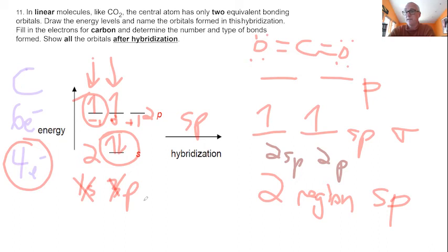You see where the difference is? I've taken one S and one P away and replaced them with SP orbitals. So I have 2 P orbitals left over that weren't hybridized, and that's where my other 2 electrons go, 1, 2. So that's what the carbon's going to look like after hybridization.